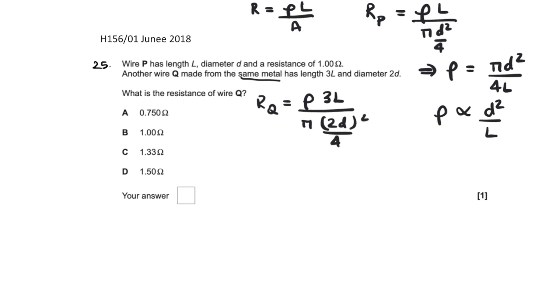Again, if I introduce the resistivity in the formula and remove the pi over 4, just because they're proportional, I can say that d squared over L, which is the resistivity, is times 3L over, again ignoring pi and 4 because they're proportional, 2d squared, which is just 4d squared. The d squares cancel out, L cancels out, and it gives me basically 3/4. So 0.75, or A is my answer.